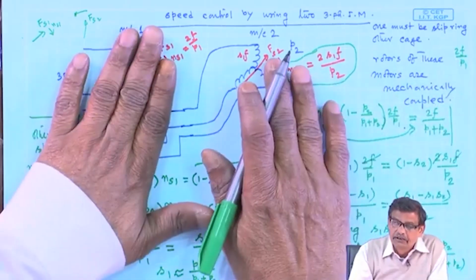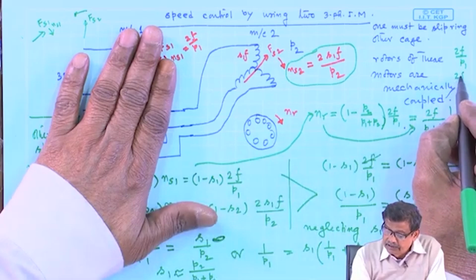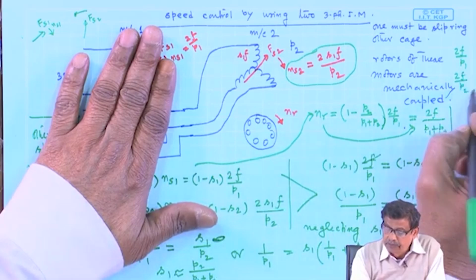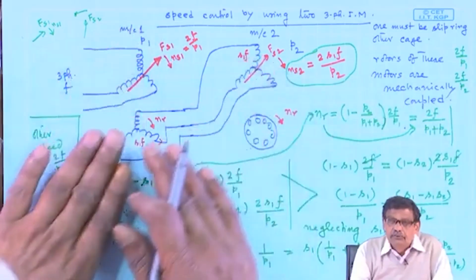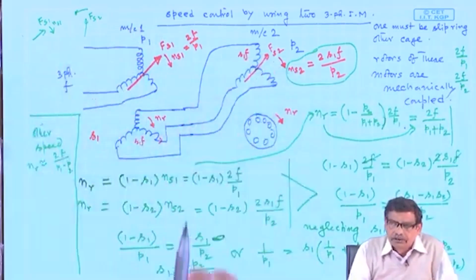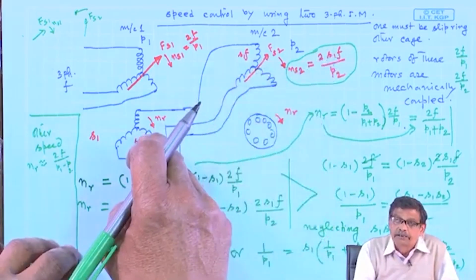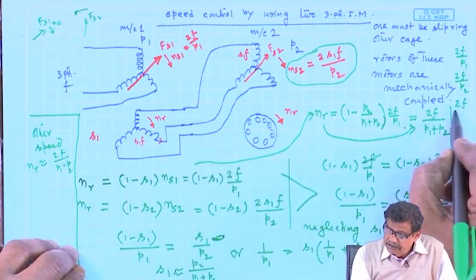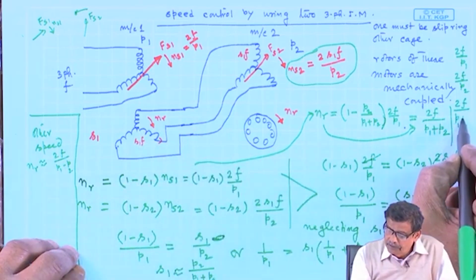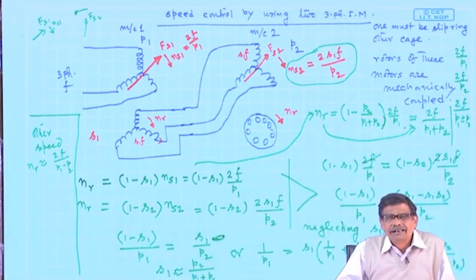Use the second machine only, first machine do not connect anything, then you will get a synchronous speed of 2f/p2, and connect these two in cascade so called, that is the stator of the second machine supplied from the first machine rotor, then you can get another 2 speeds, p1 plus minus p2. So, 4 sets, but nonetheless these speeds are discrete.